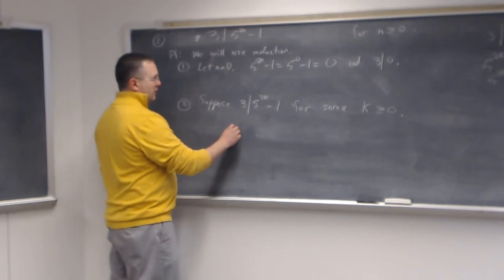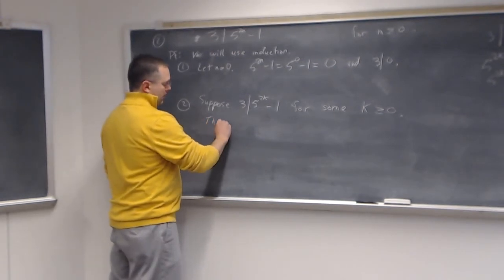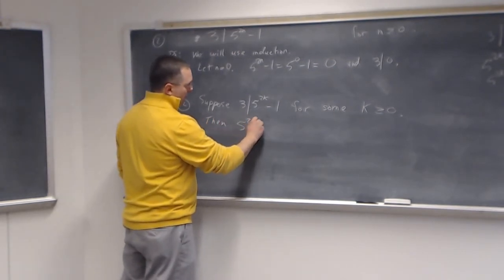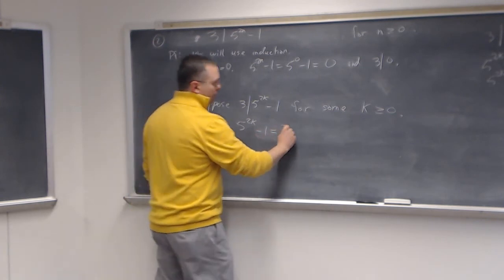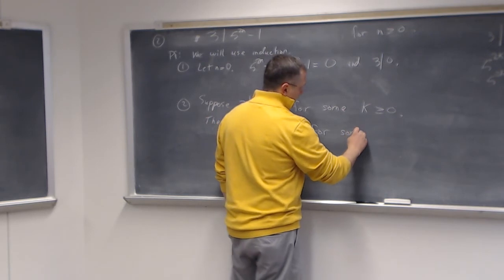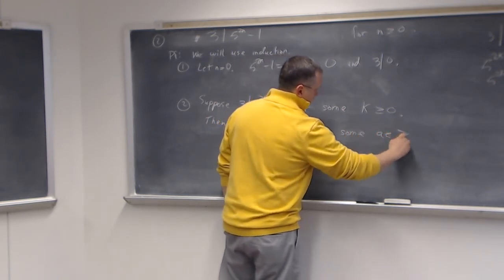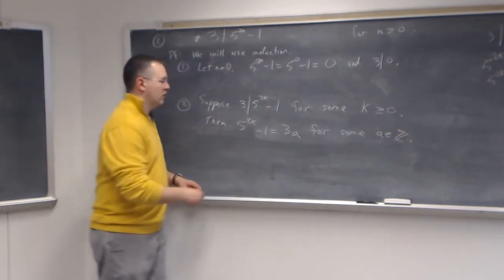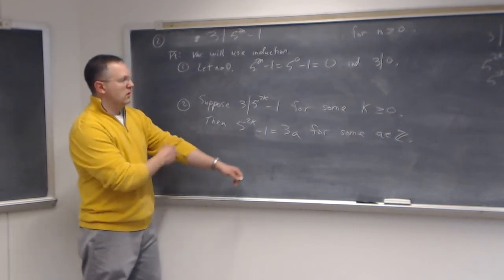Then by definition of divides, we know that 5 to the 2k minus 1 looks like 3 times an integer, which equals 3a for some integer a. Okay, so you have to use this somehow.